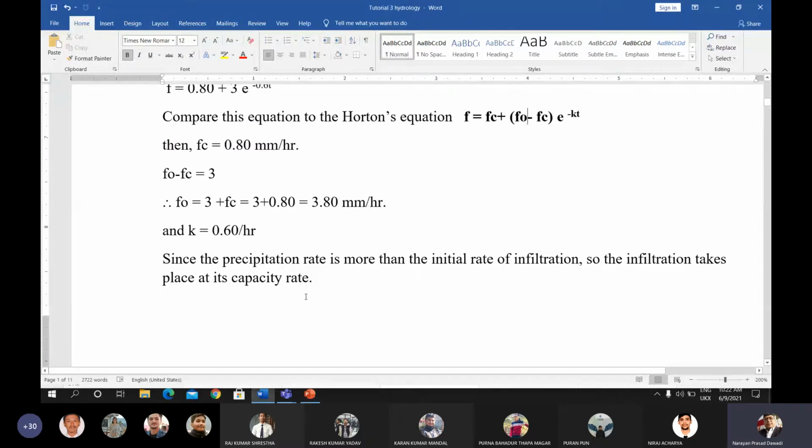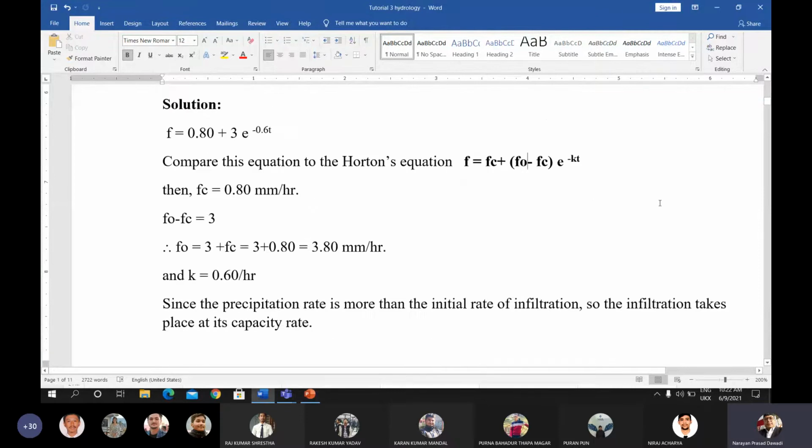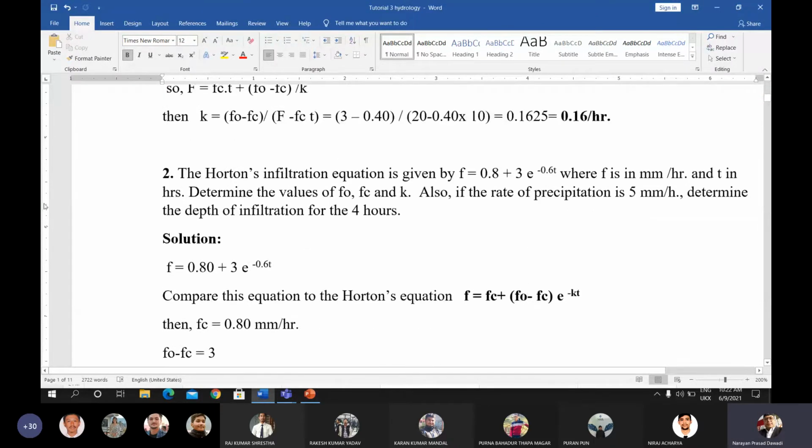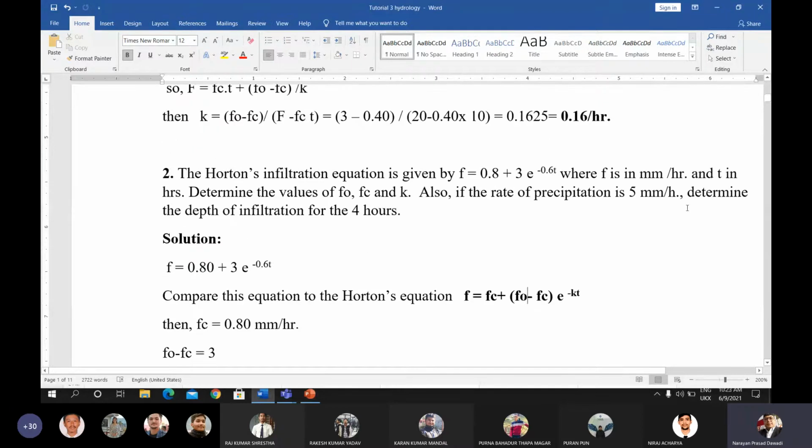Now, the precipitation rate is 5 mm per hour, and it is more than the initial infiltration rate. The initial infiltration rate is 3.8 mm per hour, but the precipitation is 5 mm per hour.